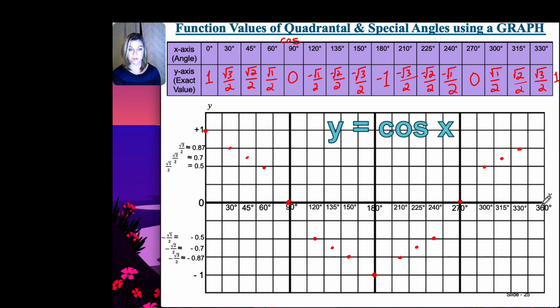And cosine of 360 degrees gets us back to 1. Okay, so again, you can take your calculator out and come up with more points for any of these. And if you do so enough, you'll start to see that it is in fact a smooth curve that develops.